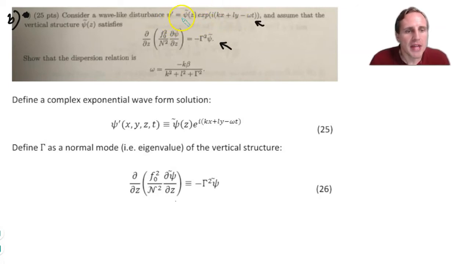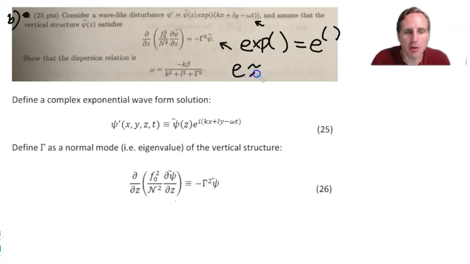Anyway, notice that the amplitude out front of this wave-like disturbance does depend upon height. So that's psi tilde of z. And then exp of a quantity is like e, the natural exponential, to that quantity, where of course e is approximately 2.718 and so on, so-called Euler's number, the natural exponential base.